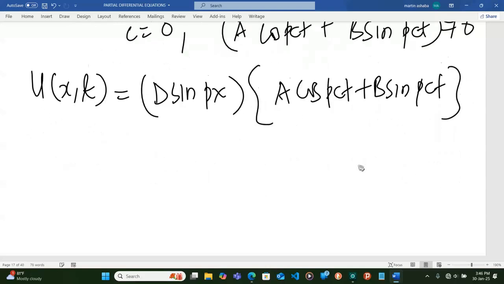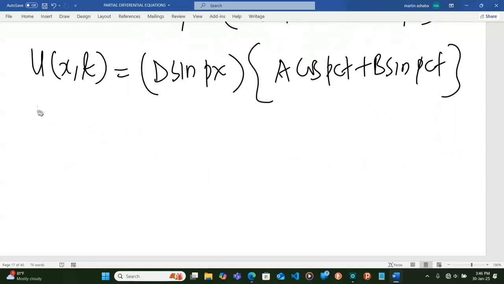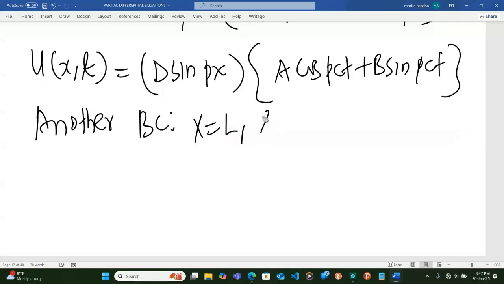Okay, so I also need to apply another boundary condition. Another boundary condition is going to be what? So I have x is equal to l at t, okay? This is equal to 0. The motion is also equal to 0 at the end of the string, and therefore there is no motion of any wave or no wave propagation.